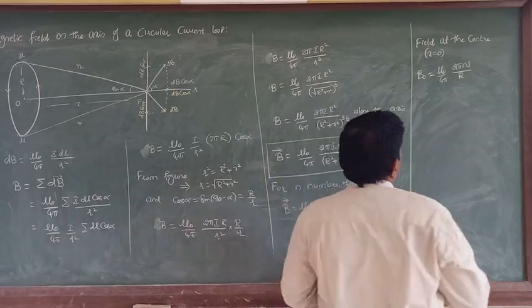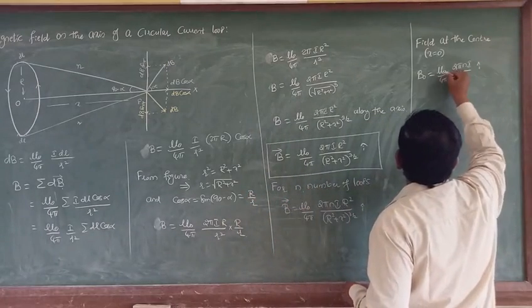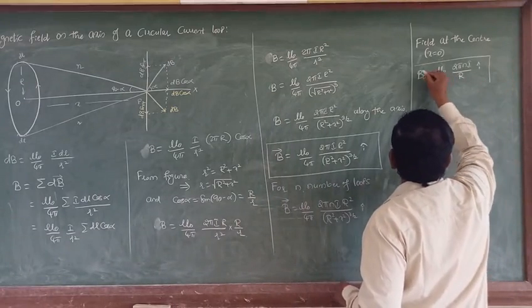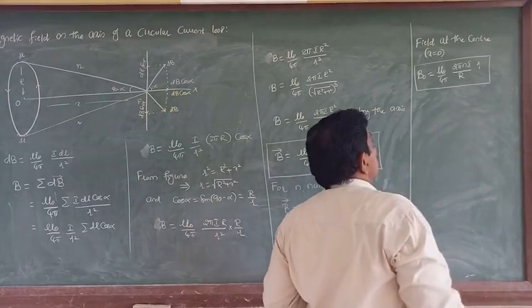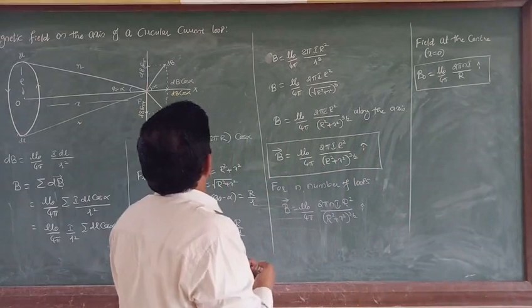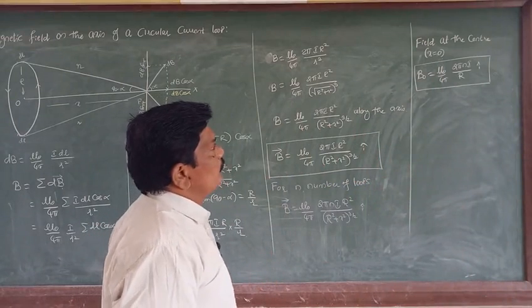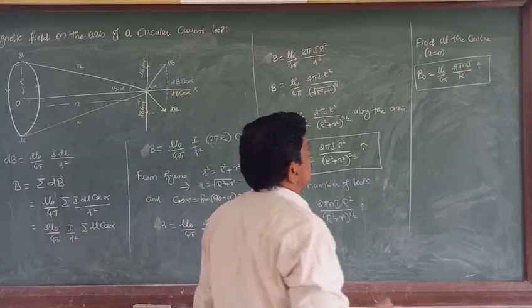The direction is along the axis. This is the expression for the magnetic field at the center of a circular current loop. This is the first case.